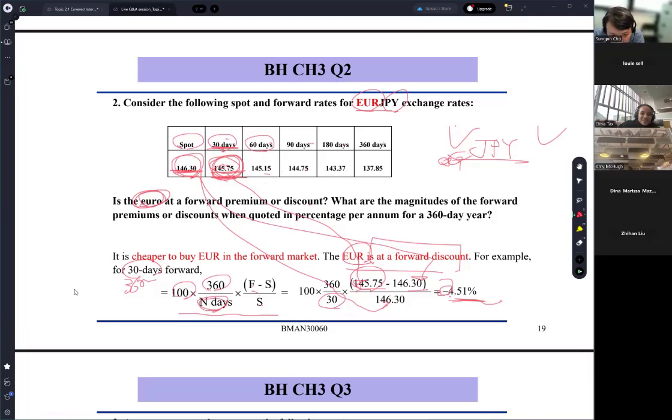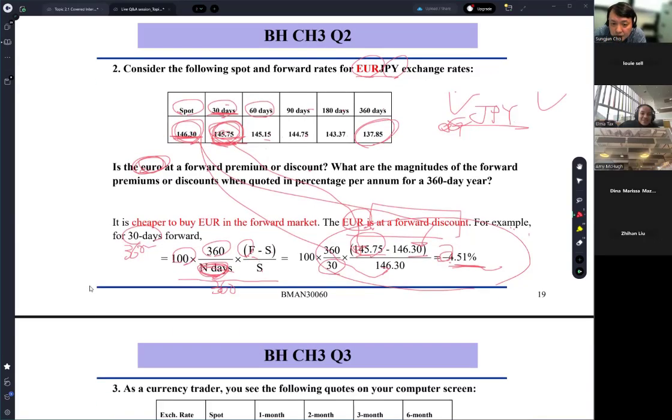If I want to compute the premium or discount for 360 days forward, I can use 360 here, and F should be this one, right? Very easy. So this is just an example for 30-day. You can compare like this. For 360-day, you have to put 360 here, and the forward price should reflect that, right? Just an example.